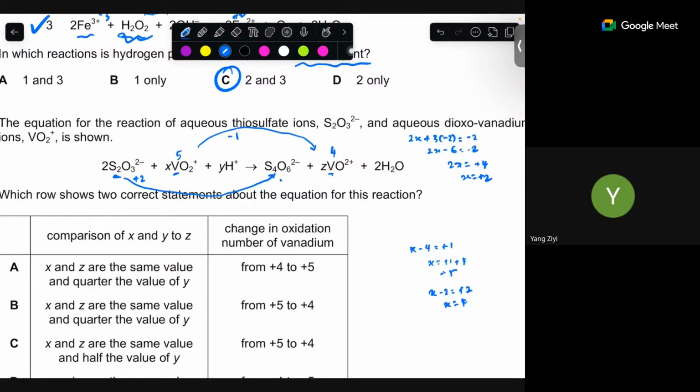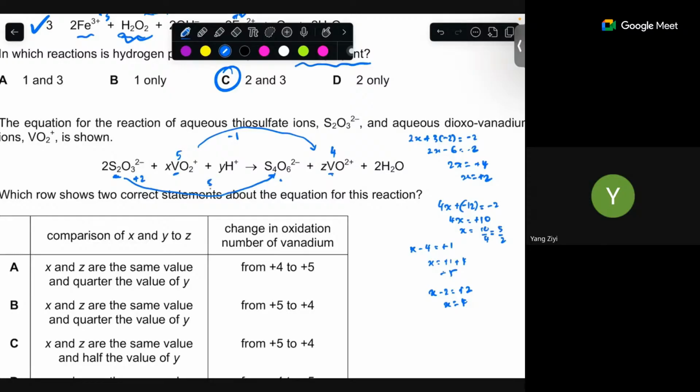So here, 4x plus 6 times negative 2, so negative 12, equals to negative 2. 4x equals to plus 10. X equals to 10 divided by 4, that's going to be 5 over 2.